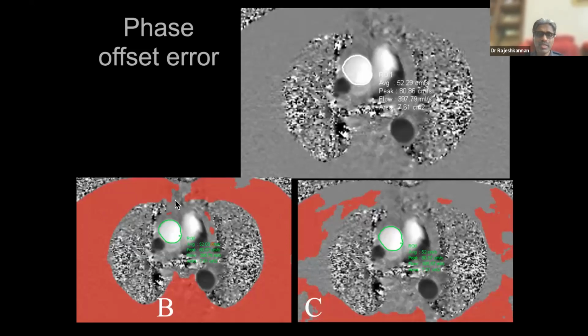You have to use a structure close to the vessel of interest, and here we can manually decide whether we want to take a larger background or a relatively smaller background. But the problem is, if there are any metallic artifacts or any phase shift artifacts, then these background corrections sometimes may not work correctly.